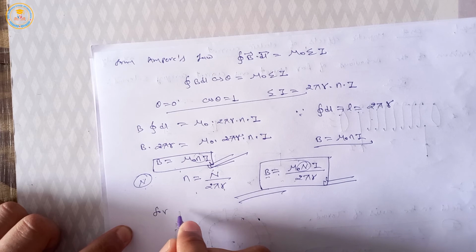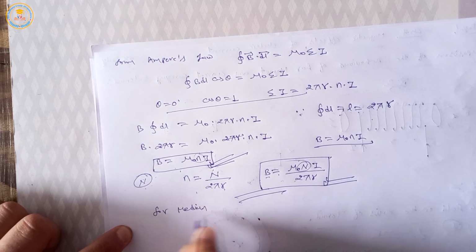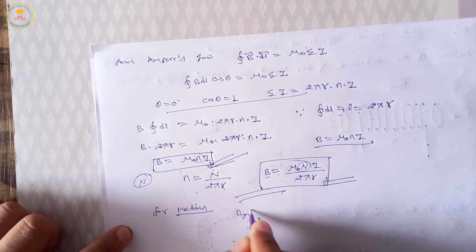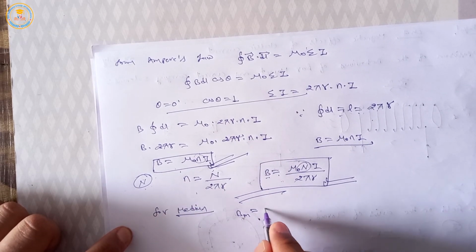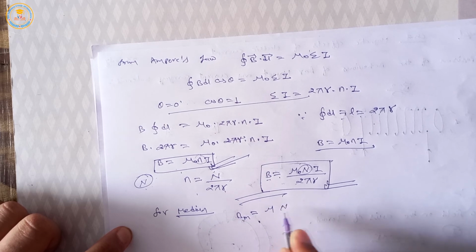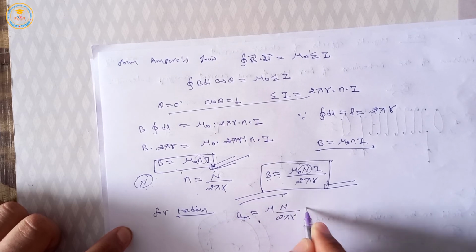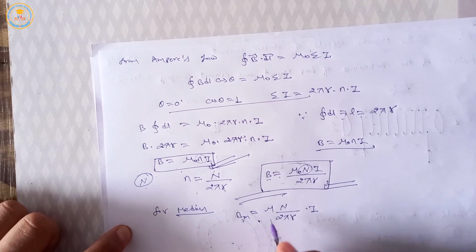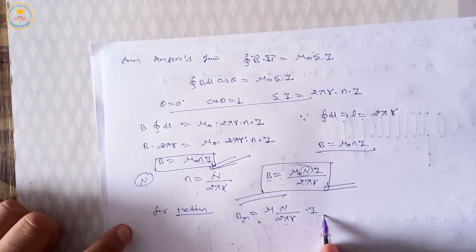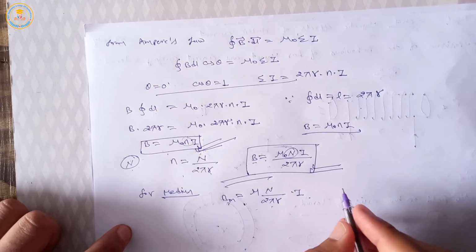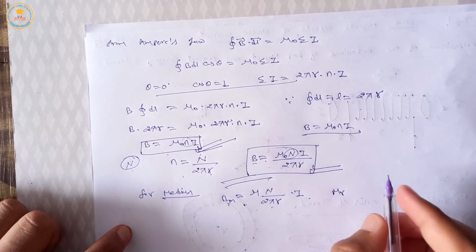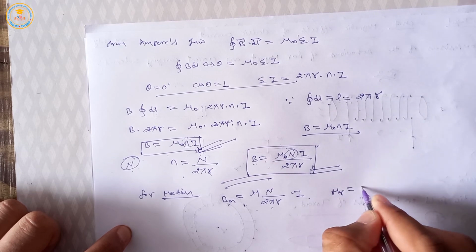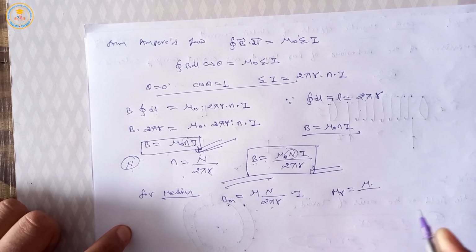Now we write it for a medium. So Bm, m for medium, is equal to mu naught replaced by mu. So Bm is equal to mu N upon 2 pi r into I. And we know that the relative permeability mu r is equal to the permeability in the medium upon the permeability in vacuum.